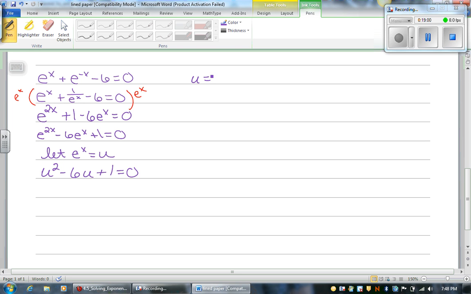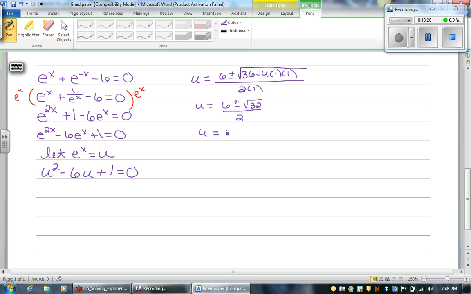So u equals negative b plus or minus the square root of b squared, so 36, minus 4 times 1 times 1, ac, all over 2a, or 6 plus or minus the square root of 36 minus 4, which is 32, over 2.